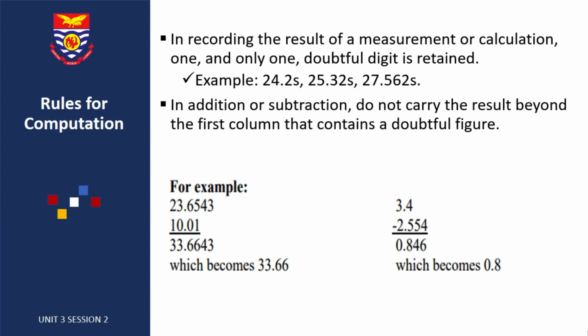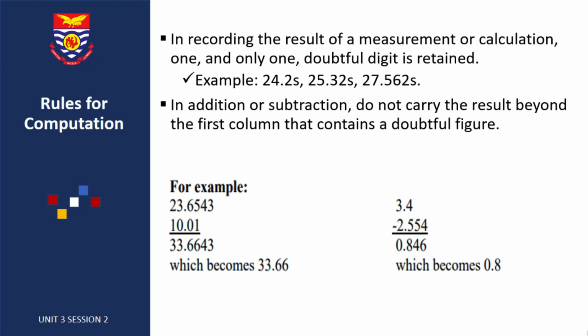So when we add 23.646543 to 10.01, our answer should be left in two decimal places, and that becomes 33.66. But you observe that the answer was 33.6643. And so we must now leave it to four significant figures, as we can see in the 10.01.